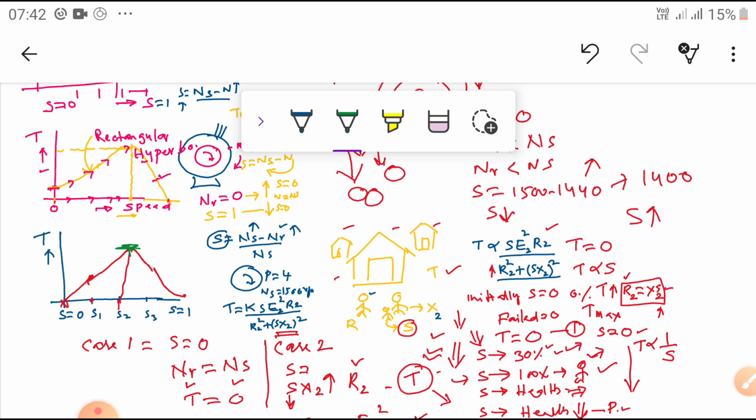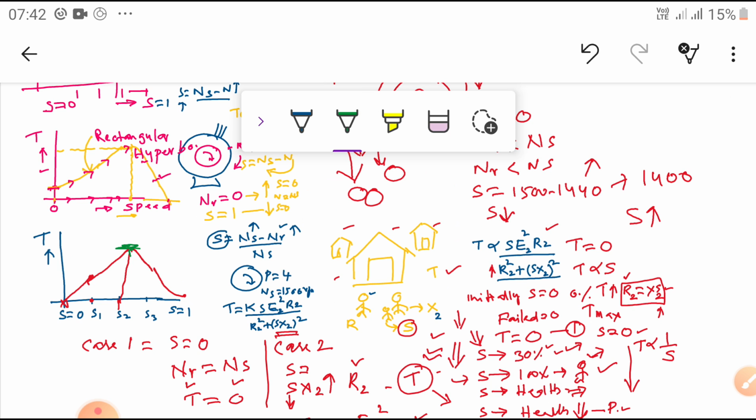Now, when the slip increases further beyond S equal to Sm, the term R2 whole square is very small as compared to the Sx2 whole square and this value may be neglected.